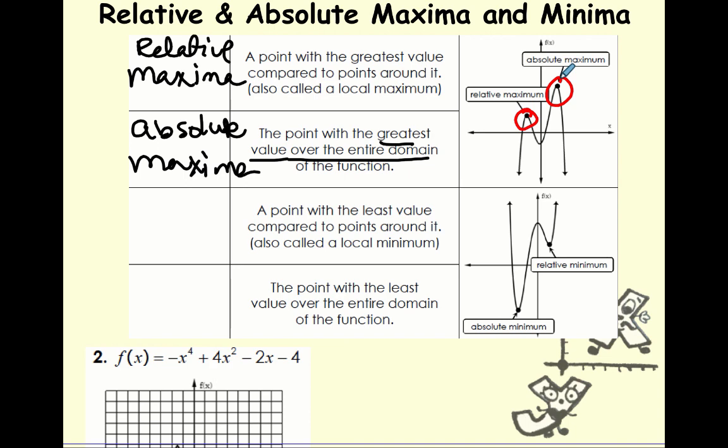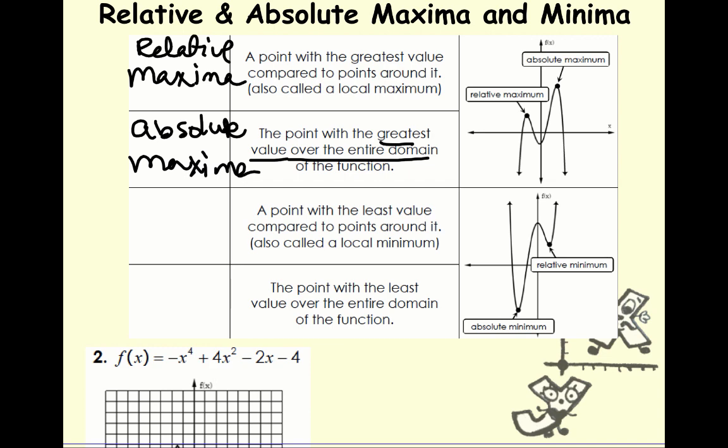Reason? The highest, the greatest value for my domain is right here, but in comparison to the points to the left and to the right, this is the highest value. So it's high relative to what's around it, but this one is really and truly as high as that graph goes.